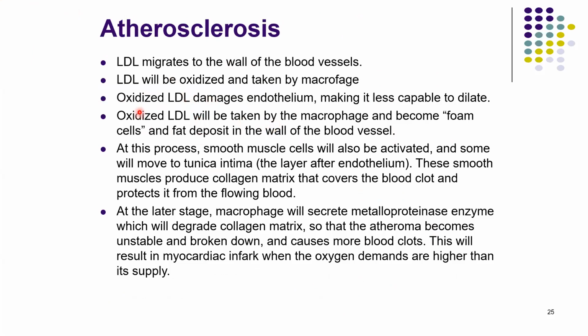So you have the oxidized LDL and then the tunica intima, and then there is also macrophage that will come into play, and later on the atheroma can be broken down and cause blood clots.